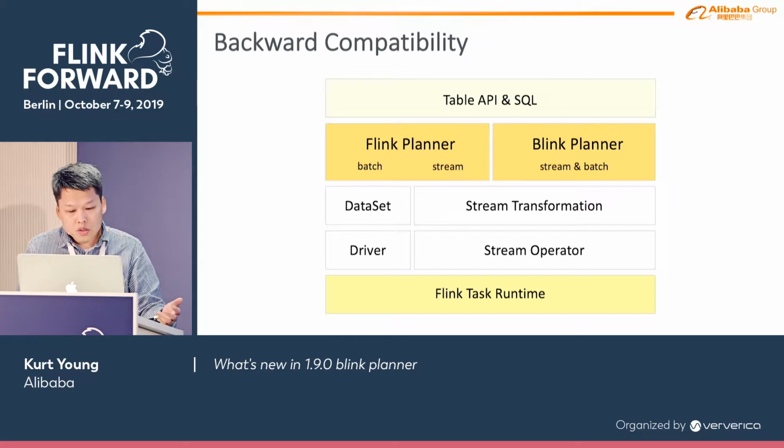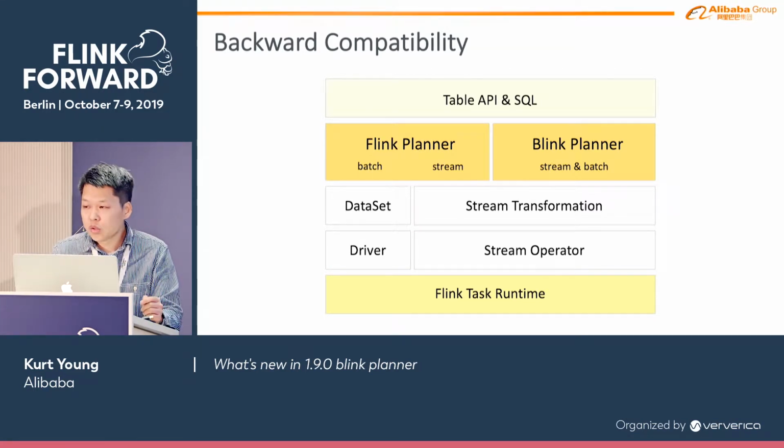But we still have to do it step by step without breaking any backward compatibility. We still want to let users have the choice to upgrade from an older version to the latest version without breaking things. So we still need to support the old code. So the community came up with a very nice solution.